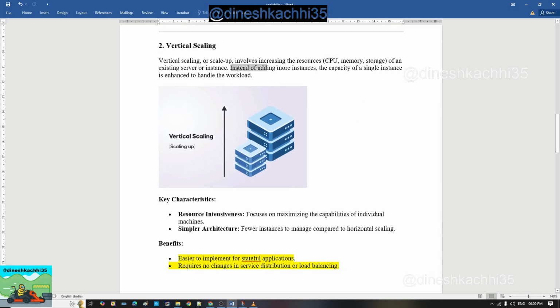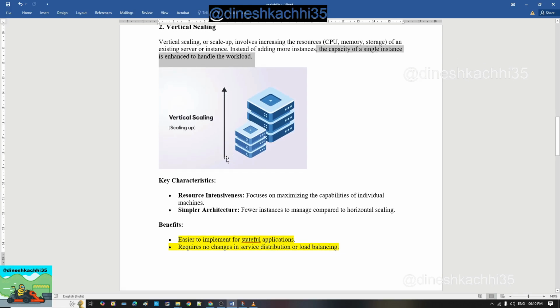So instead of adding more instances, the capacity of a single instance is enhanced to handle the workload. You can see in the diagram, this is the arrow where we have only one server and we are adding the same thing, right?